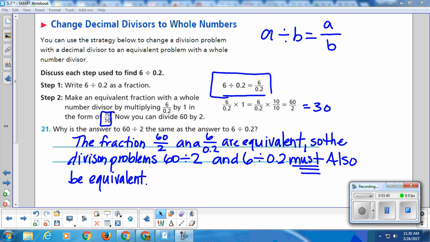So the fractions 60 over 2 and 6 over 2/10 are equivalent because we multiplied by 10 on the top, we multiplied by 10 on the bottom, so this is an equivalent fraction, 60 over 2. So obviously, if those are equivalent fractions, equivalent means what? Equal, the same. Then the division problems must be the same.